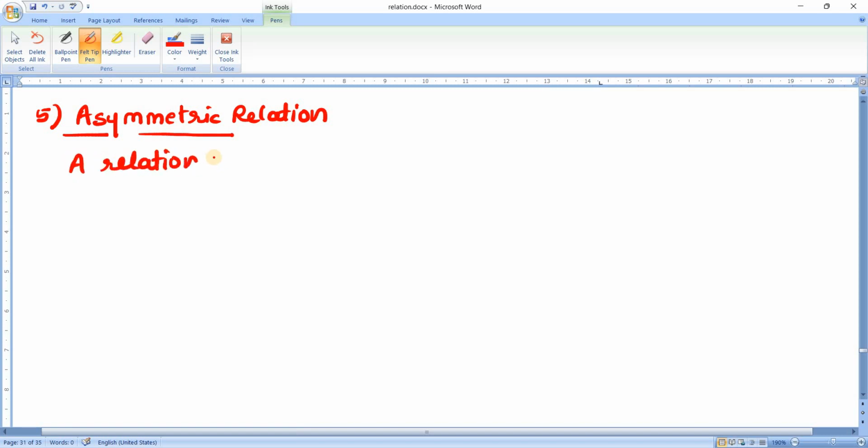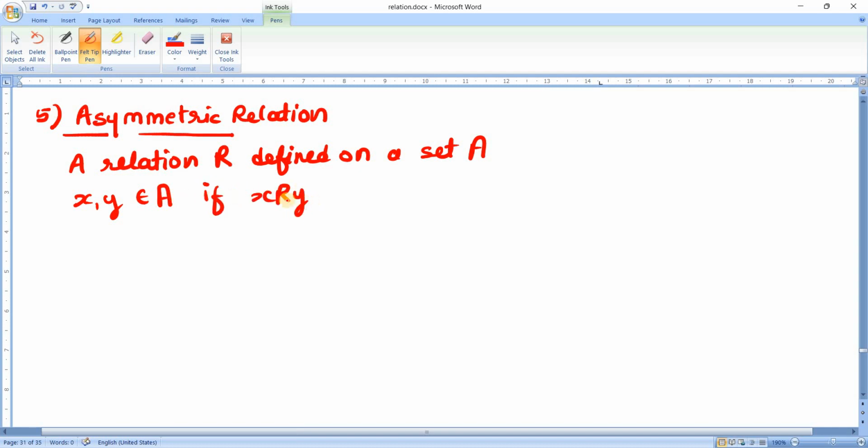A relation R defined on a set A will be asymmetric when for any two elements, let's say x, y, belonging to A, if x R y is true, which means x is related to y, then y R x must not be true.